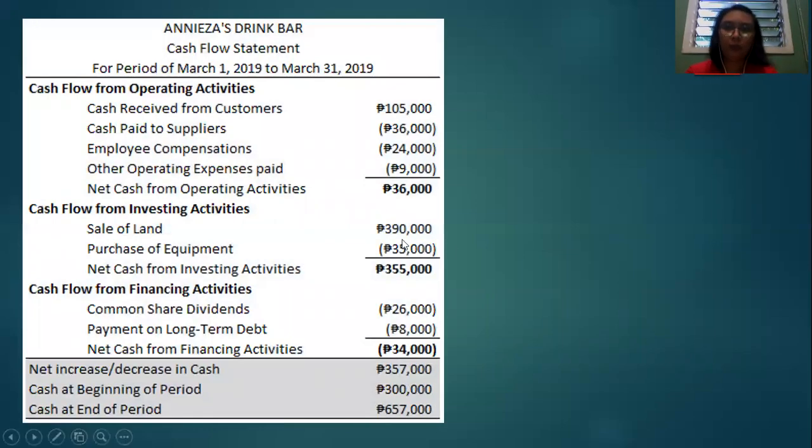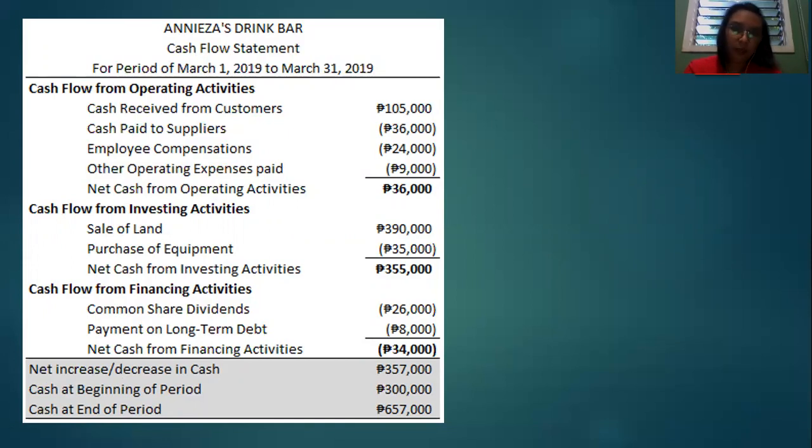Okay, so here's the example of the cash flow statement again. Make sure to enclose all the outflows. And please indicate if it is either a net increase or a net decrease. In this case, it is a net increase. Kaya wala man siya nag-negative dire. So you could just write net increase in cash. Pwede na na-disregard ang decrease. Okay?